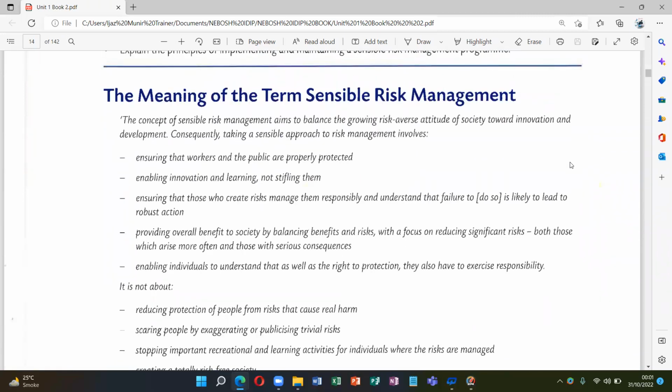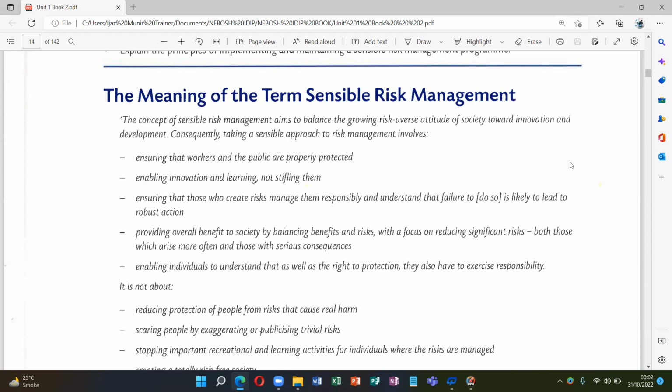The concept of sensible risk management aims to balance the growing risk-averse attitude of society toward innovation and development. Consequently, taking a sensible approach to risk management involves ensuring that workers and the public are properly protected, enabling innovation and learning not to be stifled, ensuring that those who create risk manage them responsibly and understand that failure to do so is likely to lead to robust action.